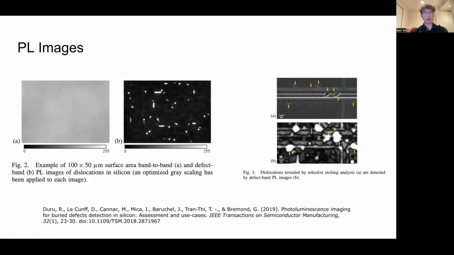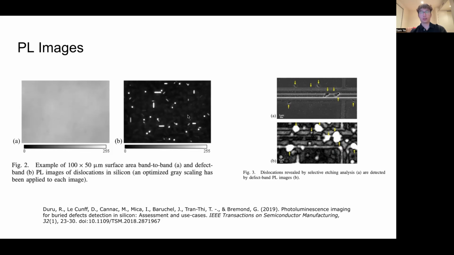So on the left, it shows an example of PL images observed on a silicon sample, embedding buried dislocations induced by ion implantation and subsequent recovery anneal. So you can see the emitting defects are clearly visible here.